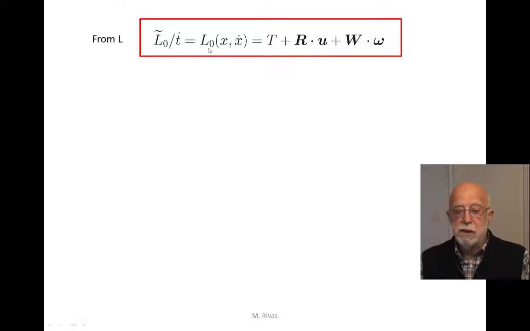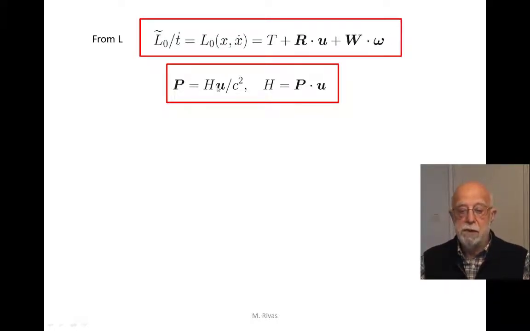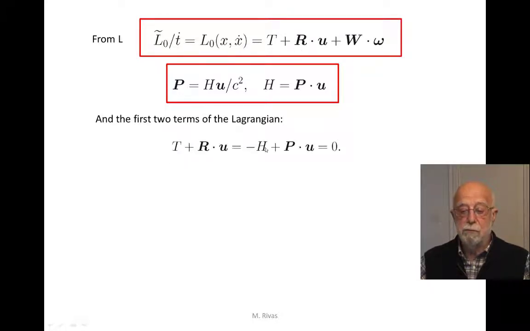From L, we see that we have this general form, but because P is this one, and H is this one, and T is minus H, and R is P, we see that the first two terms of the Lagrangian are this. So this vanishes. If this vanishes, our free Lagrangian is reduced to only the last term, the term related to the angular velocity. This is important because W is the spin of the system.